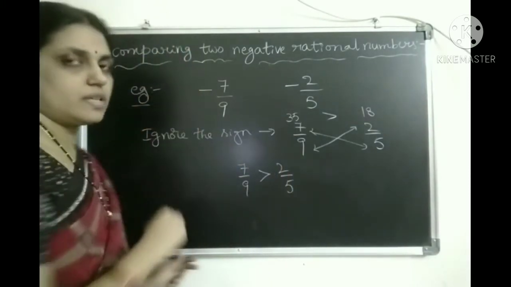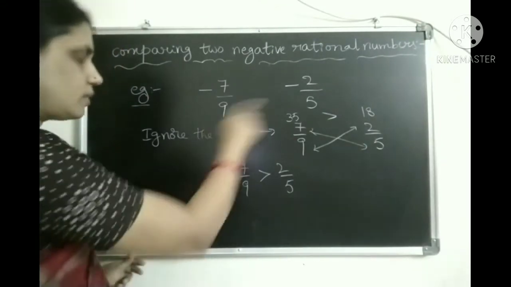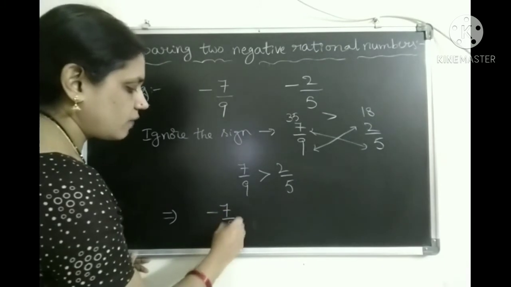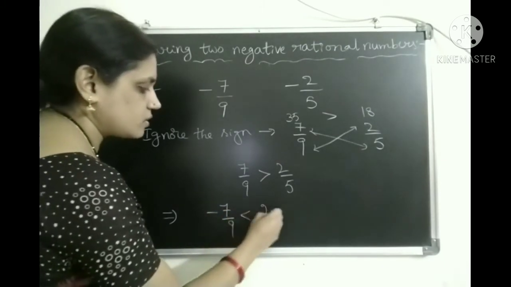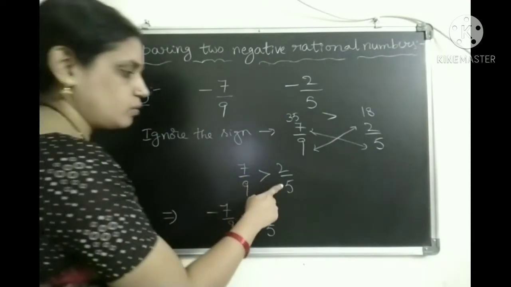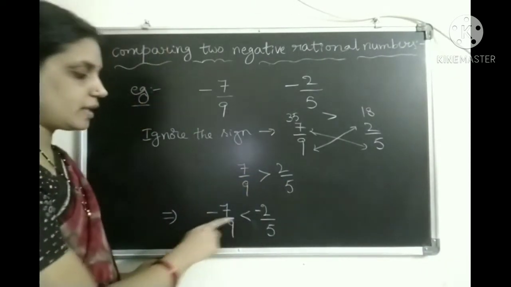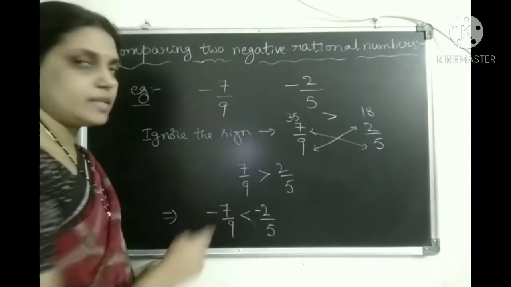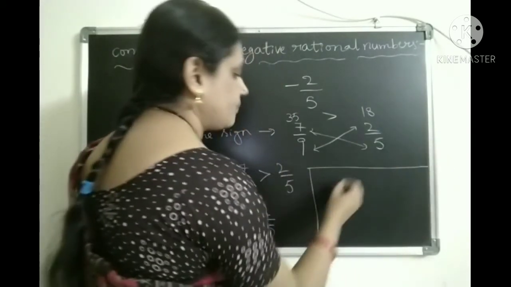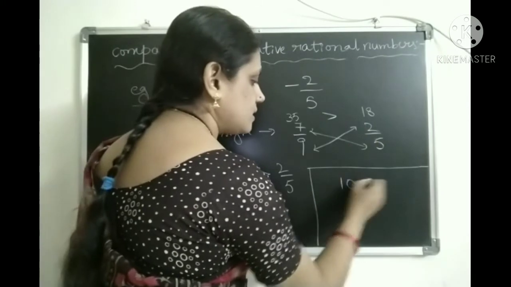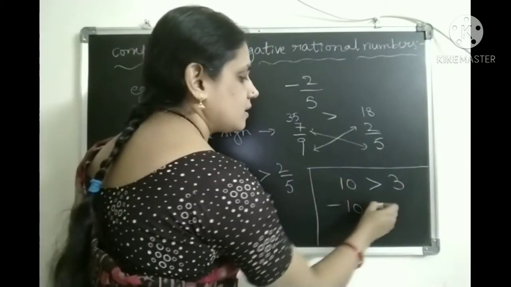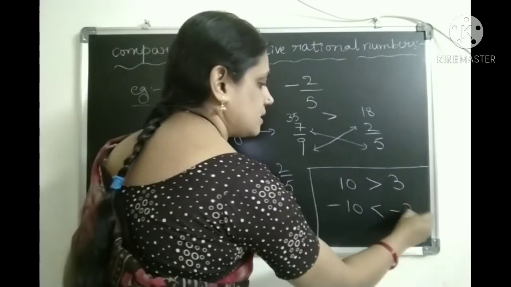Then with the negative sign we have to compare these two numbers. What do we have to do? With the negative sign, you have to reverse the order. That means you have to change the sign. If 7 by 9 is greater than 2 by 5, then minus 7 by 9 is less than minus 2 by 5. How is it? I will give a simple example. If 10 is greater than 3, then minus 10 is less than minus 3, isn't it?